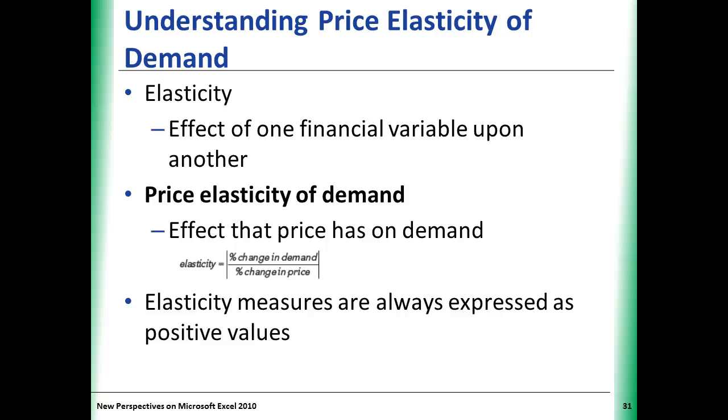And it says 1.5. So we always like a kind of barometer, and the barometer for elasticity is 1.0. Values less than 1.0 we call inelastic. There are different degrees of inelasticity. And values greater than 1.0 we call elastic because they respond more heavily.